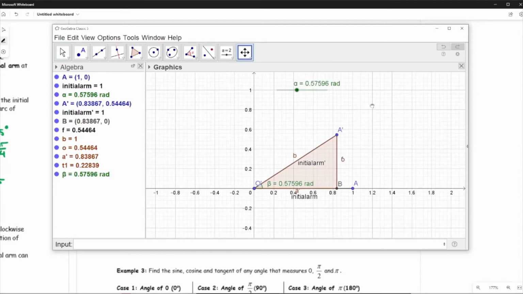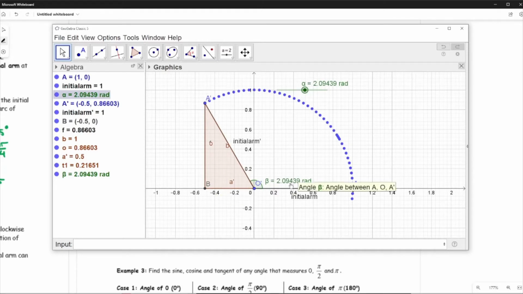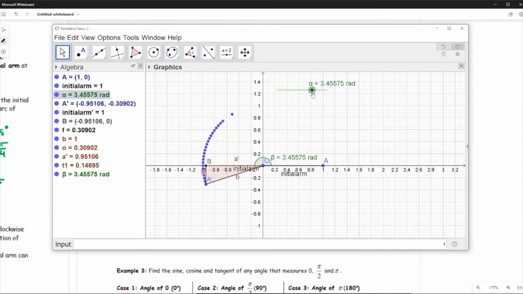Even if I move this to a different part of the circle, I can still draw a right triangle. I know the angle is out here, the angle's not in my triangle anymore, but I can still draw a triangle, and that triangle still has trig ratios. In fact, we could even draw it down here in quadrant 3, and you can still draw a right triangle, even though your angle here is way too big to fit in a triangle.